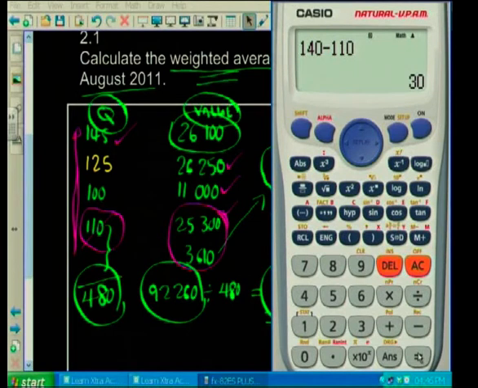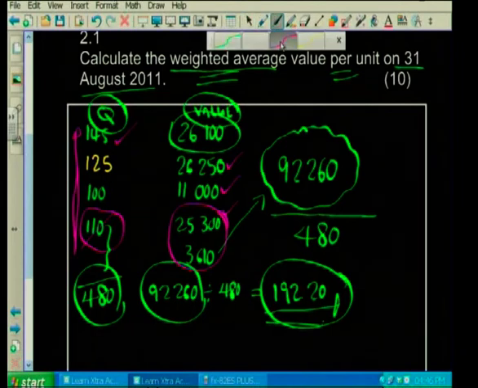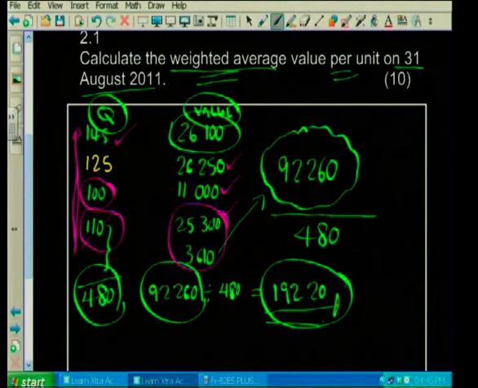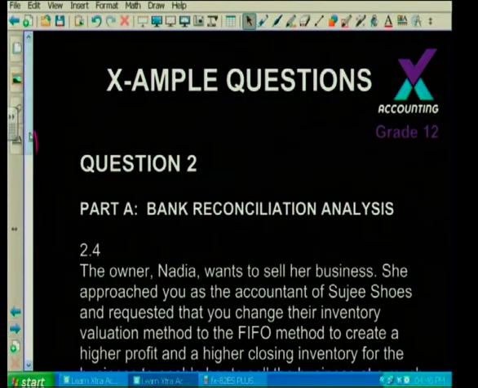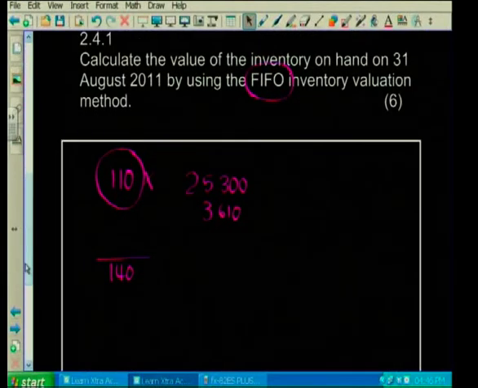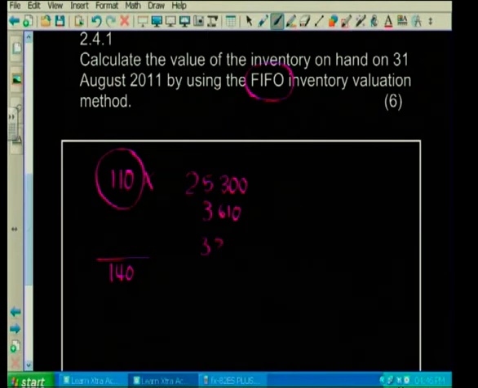Another 30 pairs of which ones? Remember what we said? Bottom up. So this one has been dealt with. So I go to this one here. This one here was 100 pairs, valued at 11,000. So immediately I say 11,000 divided by 100 will give me the cost per pair. Multiply that by 30 pairs to give me a value of 3,300. So 3,300 would be the value of these 30 pairs.